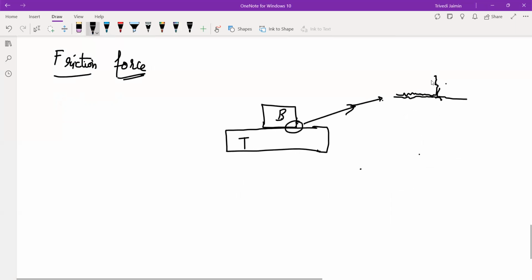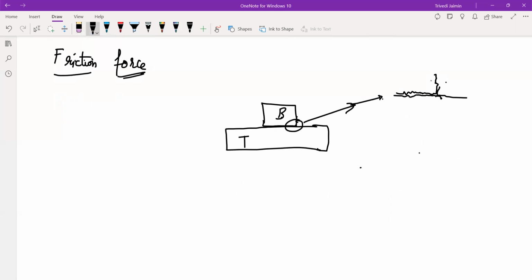So what are the types of friction, do you know? There is rolling, sliding, and one more, that is static.